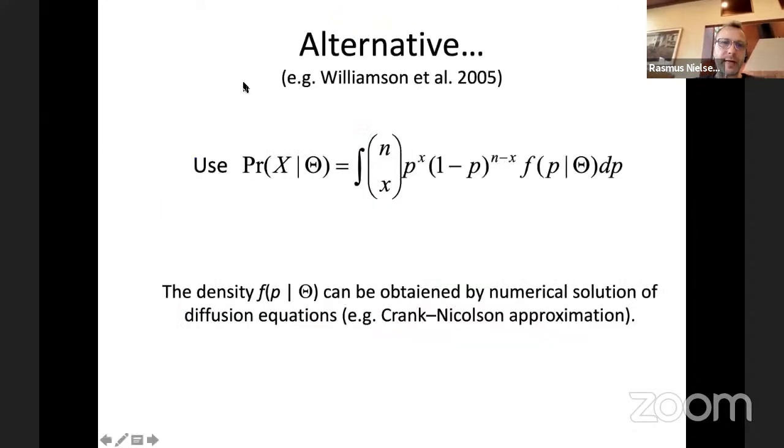An alternative that is also being used a lot is to use diffusion theory. Instead of using coalescence theory, you can write down some diffusion equations that specify how allele frequencies change forward in time. It's the same model actually; it generates the exact same probability distribution.